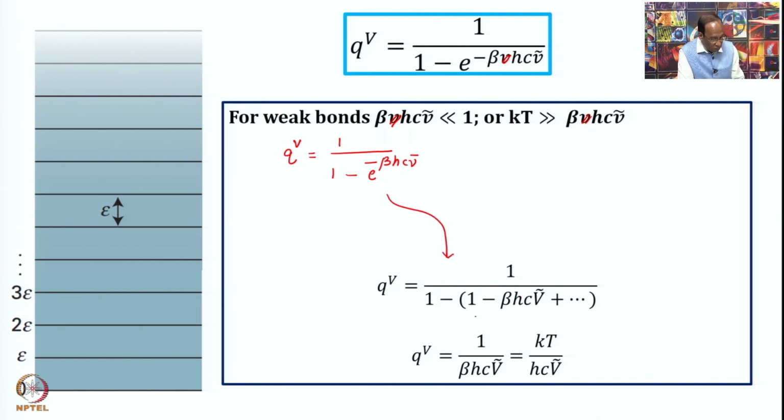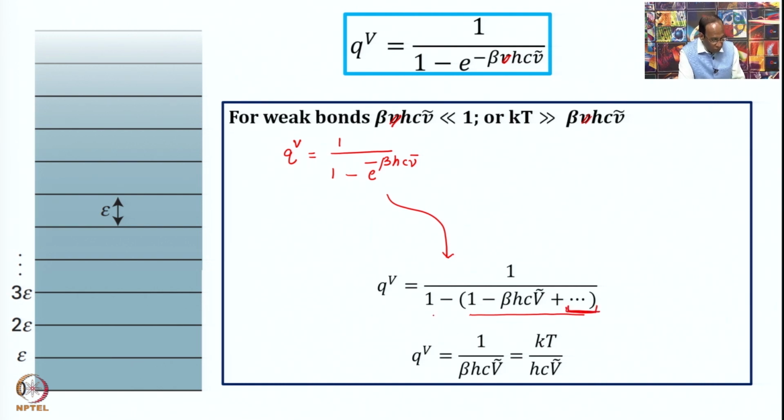expand this exponential minus x in this form: 1 minus x plus x square by 2 factorial minus x cube by 3 factorial, etc. It will have the square terms and cube terms, but because x is small, the square of small is further small, and the cube of small is further small. So, all these higher terms can be ignored.